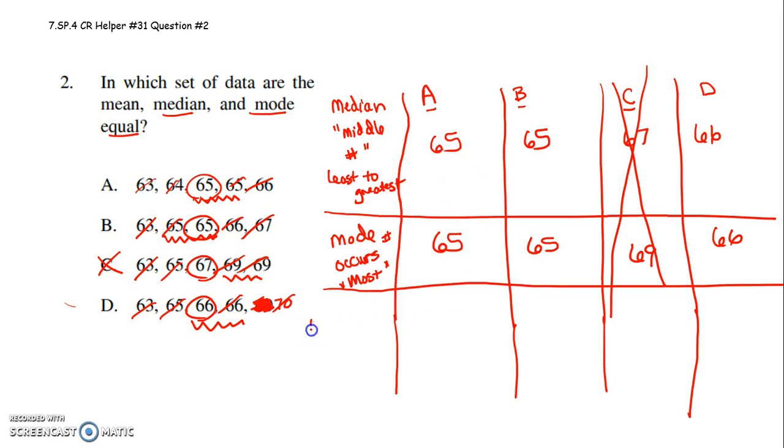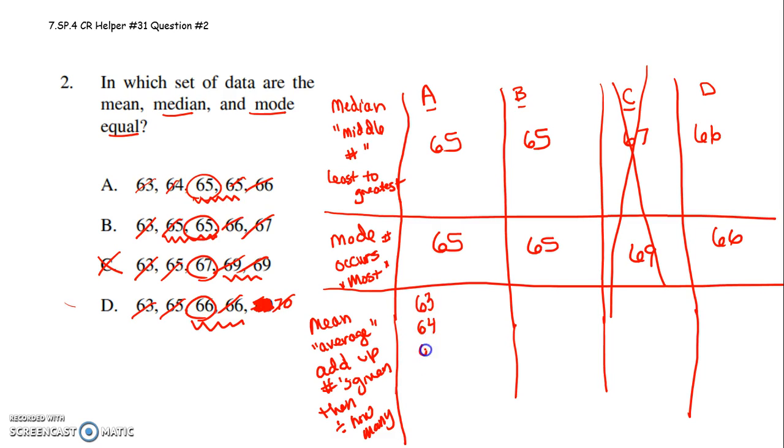So to find the mean, a fancy word for average, add up the numbers given, then divide by how many there are. So that's what we got to do next. So for our first set of data, we'll add 63, 64, 65, 65, 66, and once we add all those up, we'll divide by 5.